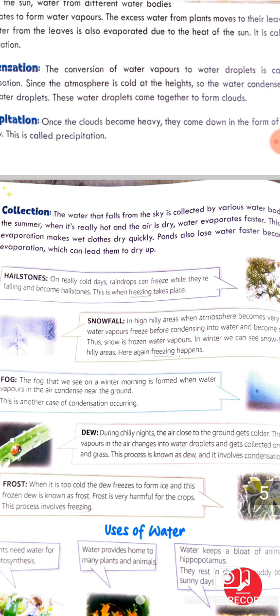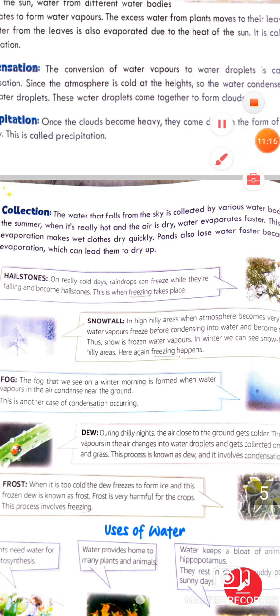But in snowfall the water vapor, the gaseous form, changes into snow, which falls on earth in the winter season. So this is the main difference: in hailstone raindrops freeze into small balls of ice, and in snowfall water vapor freezes to form snow, which falls on earth in winter.